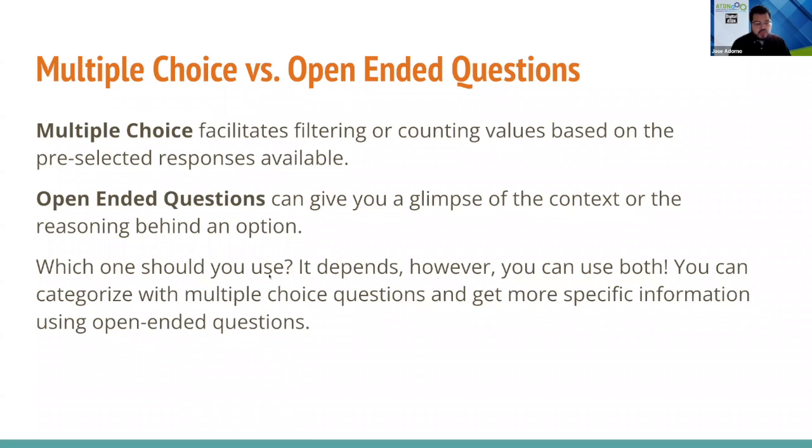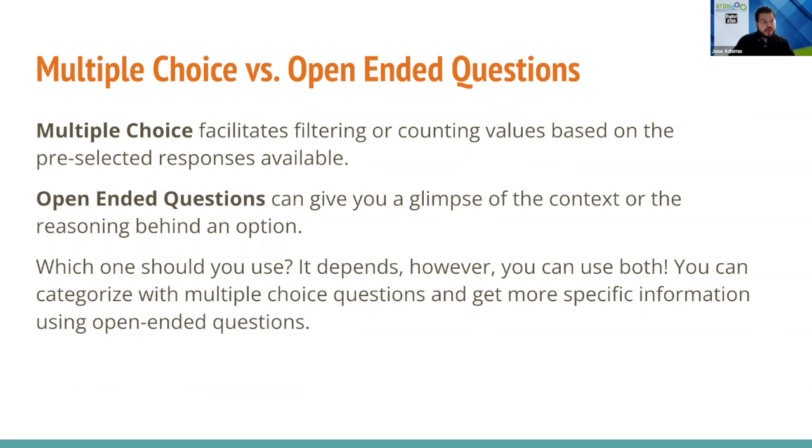However, which one should you choose? In reality, it depends on the context, what you're trying to ask, and what type of information. But if you're trying to collect data, you could use both.